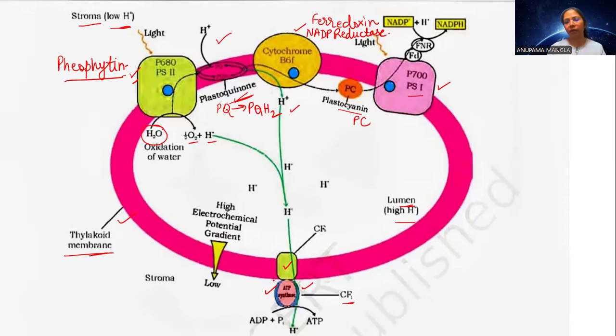When protons are facilitated outside towards the stroma, this brings out some conformational change in the CF1 part, and that leads to ATP synthesis. So you can see this phosphorylation happening. This is known as photophosphorylation because it is happening with the help of light. So this was the whole process of ATP synthesis in the chloroplast.